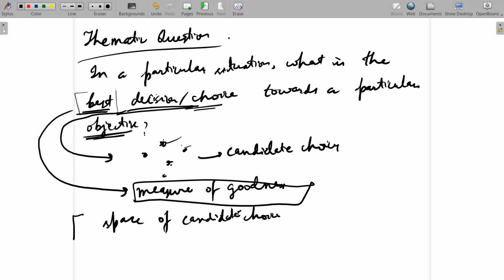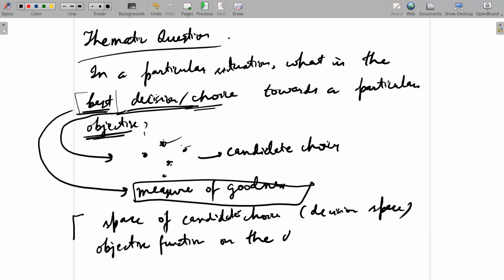But right now, let's be a little bit vague to allow for generality. By the way, this is sometimes also known as a decision space. These are all the options that you have. And then there is something known as an objective function on the space of choices, on the decision space.